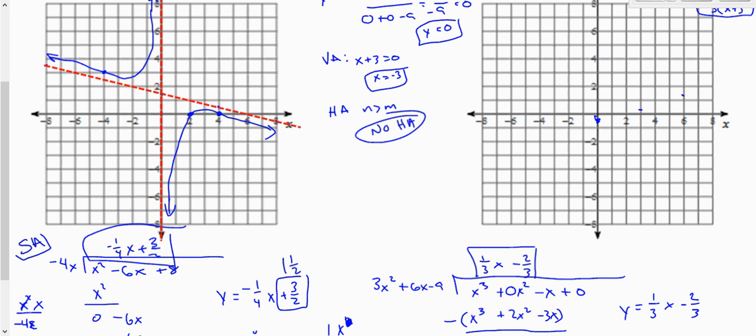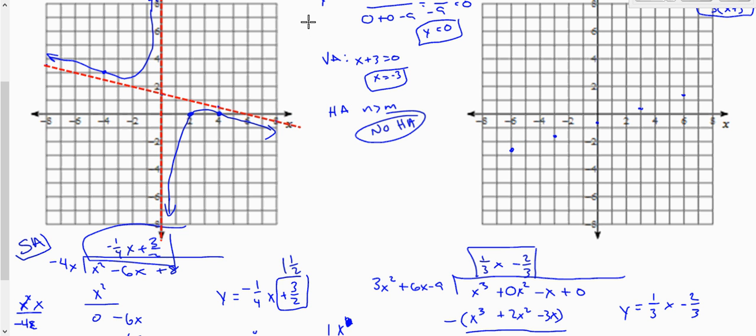For some reason, looking at that, I thought it was in the wrong spot. So go down 1 to negative 1 and 2/3 over 3. Down 1 to negative 2 and 2/3 over 3.